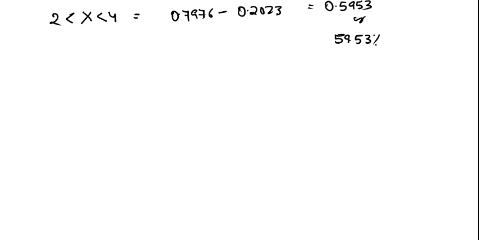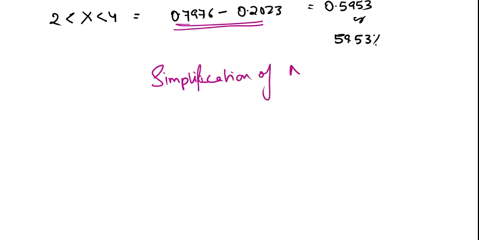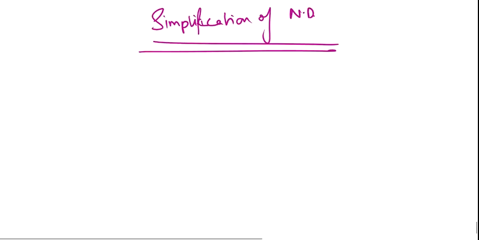Clear? Okay, so let us see how we can simplify and find out these probabilities without doing any of the integration. So, simplification of normal distribution, we are going to use the same thing. Clear?